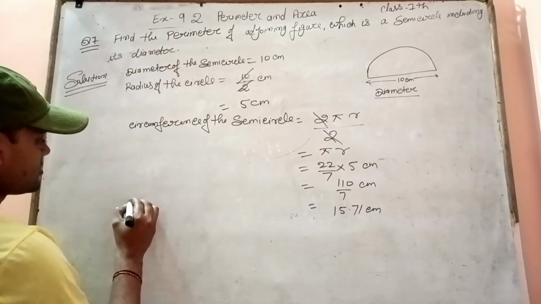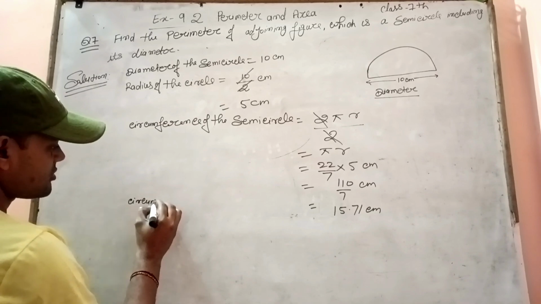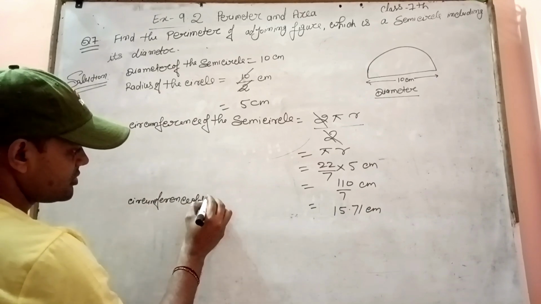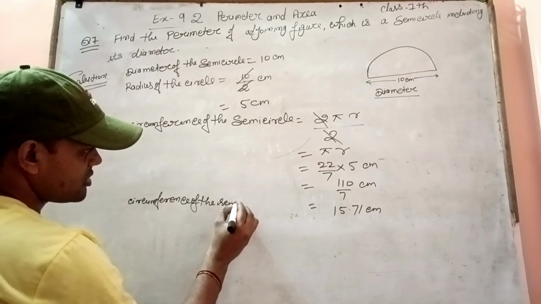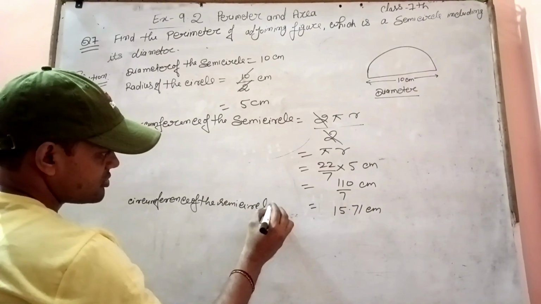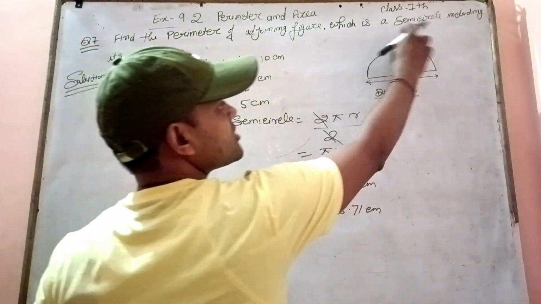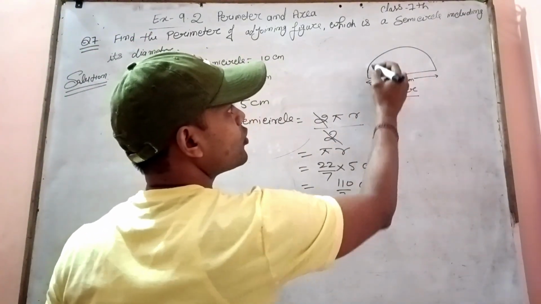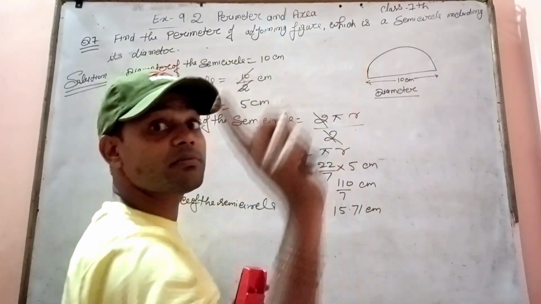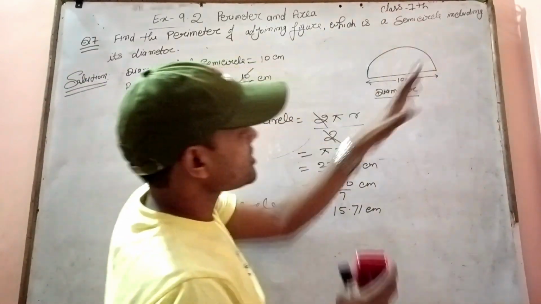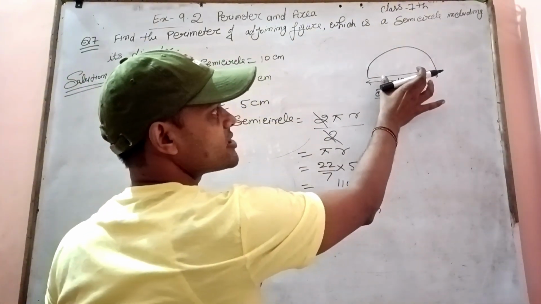This is the circumference of the semicircle. And now find the perimeter. Perimeter of the semicircle is equal to circumference of the semicircle plus diameter, the total length of the semicircle.